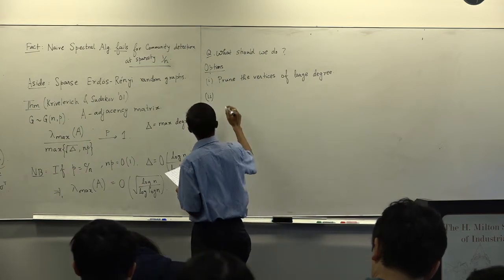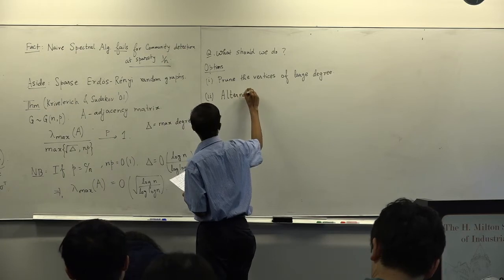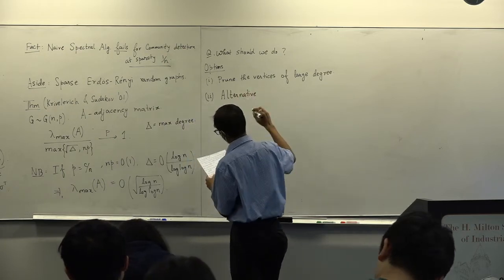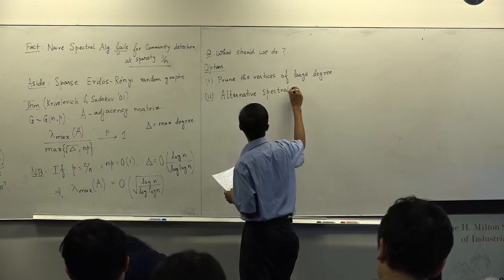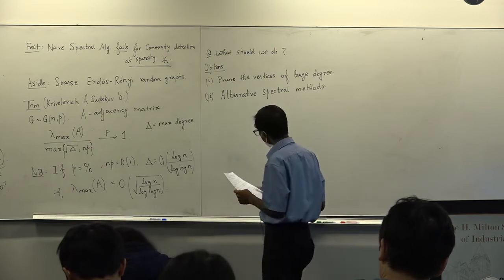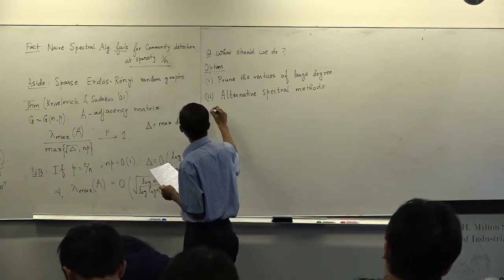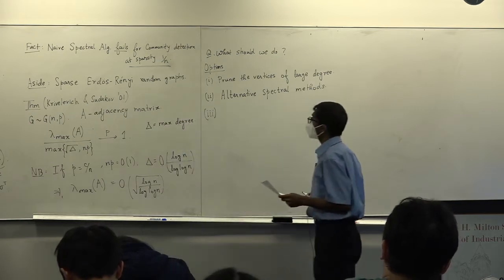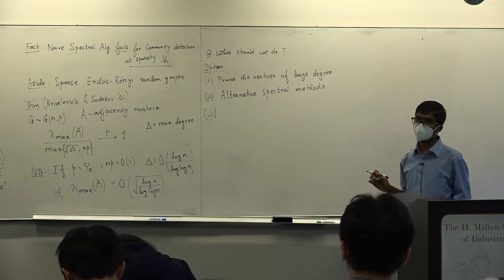So I can potentially use alternative spectral methods. That's a second fix potentially. And then a third fix is to say, fine, spectral algorithms can have strange behaviors.